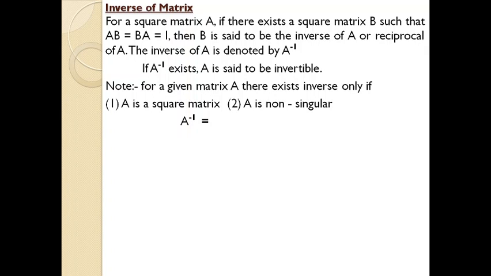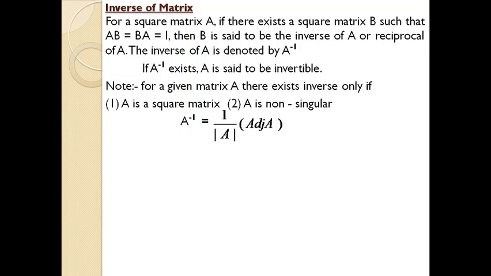So A raised to minus 1 equals 1 divided by determinant into adjoint of A. Again the same areas which we have dealt with earlier. We all know how to find the determinant of a particular matrix and also how to find the adjoint of a particular matrix. So in order to find the inverse of A, you need to find the determinant as well as the adjoint of A.